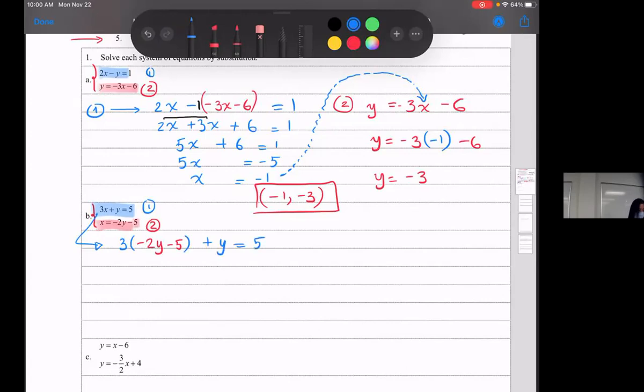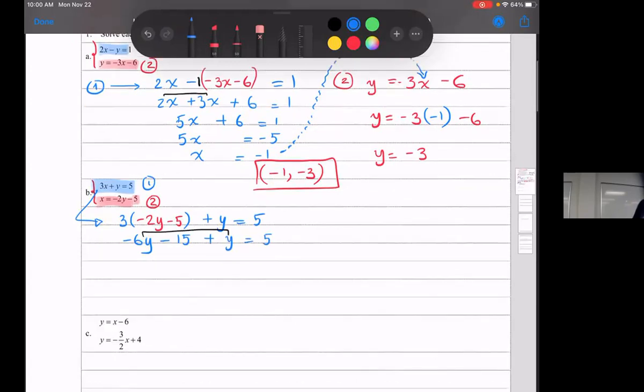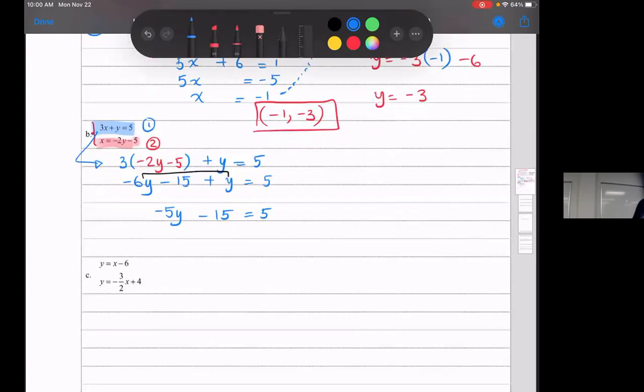Now you solve for y. Negative 6y minus 15 plus y equal 5. Combine like terms: minus 5y minus 15 equal 5. Add 15 both sides. I have negative 5y equal 20. Divide both sides by negative 5.